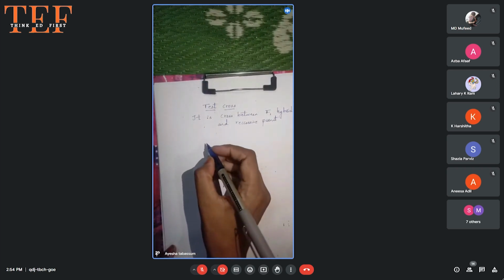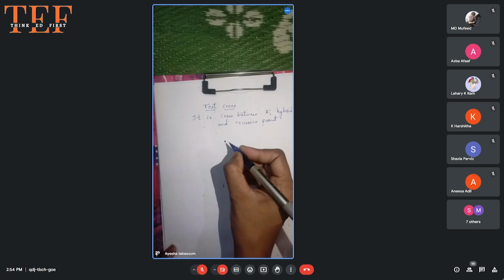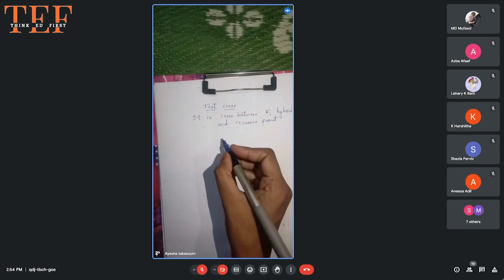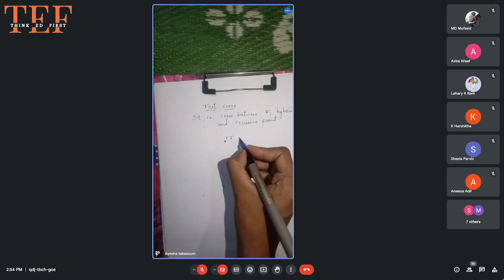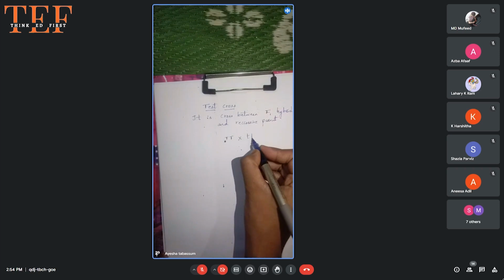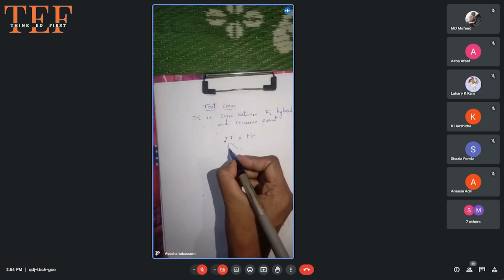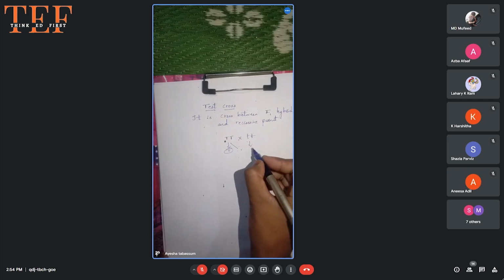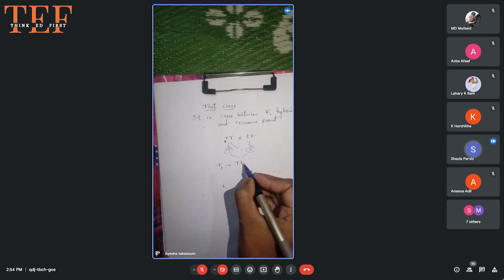Supposing you have a tall plant. You have crossed a tall plant and a dwarf plant. So gametes capital T, small t. Here the F1 hybrid is capital T, small t.